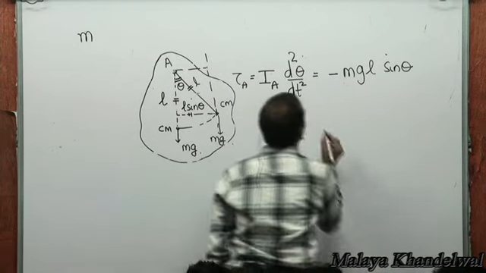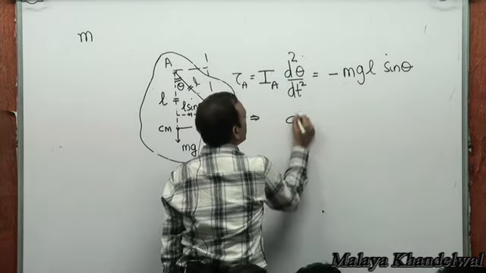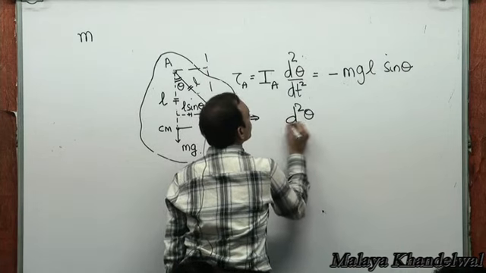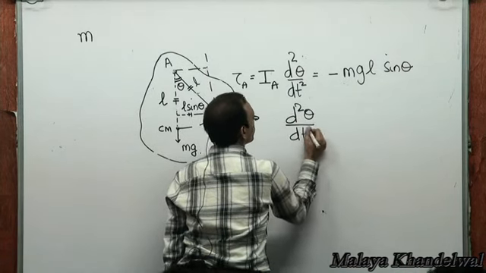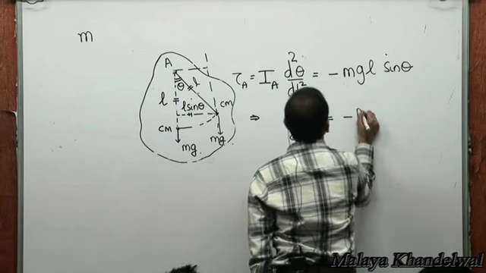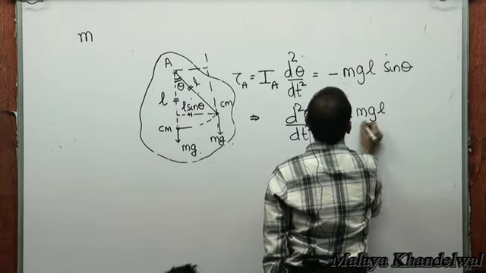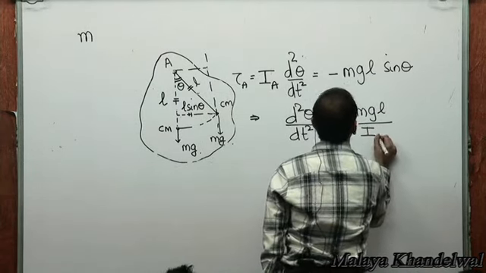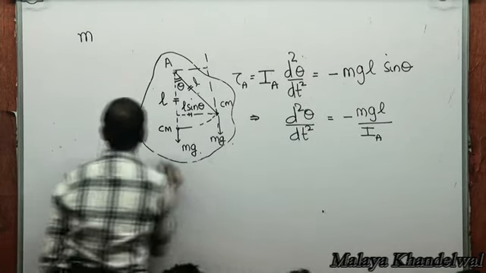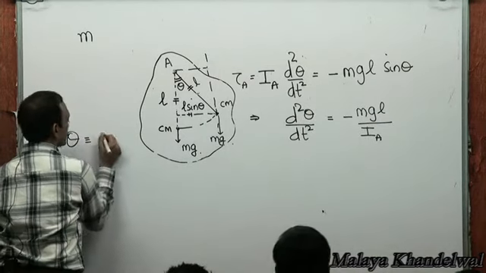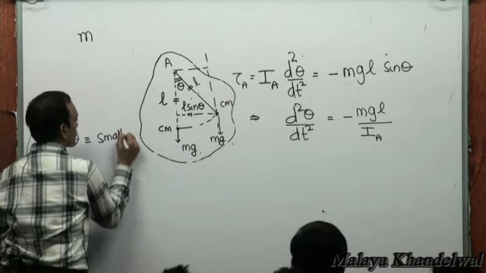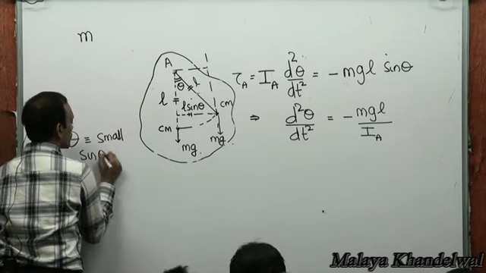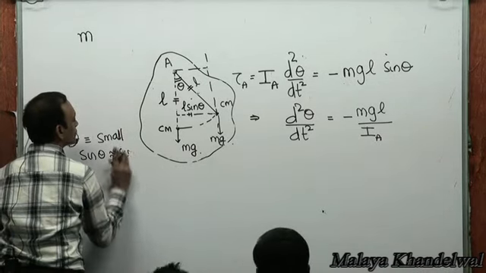Which means d2 theta dt2 would be minus mgL by I about A times sine theta. Now, if theta is small, like before, sine theta is approximately theta.